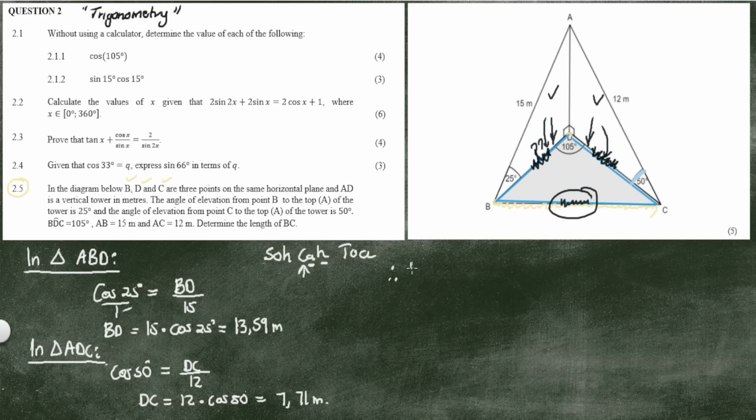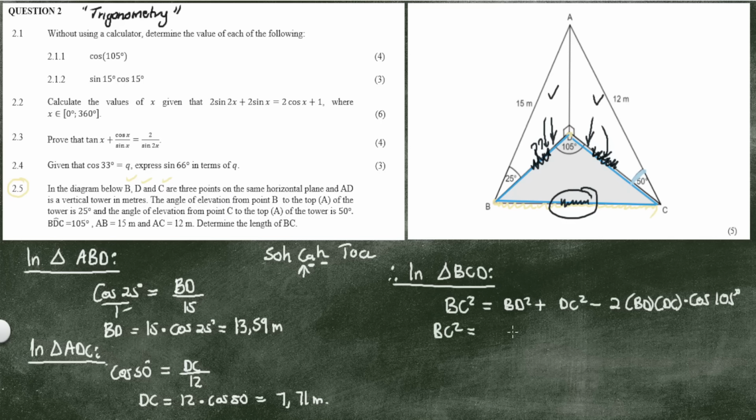Therefore, in the blue triangle, triangle BCD, we say BC squared is equal to BD squared plus DC squared minus 2 BD DC cos 105 degrees.